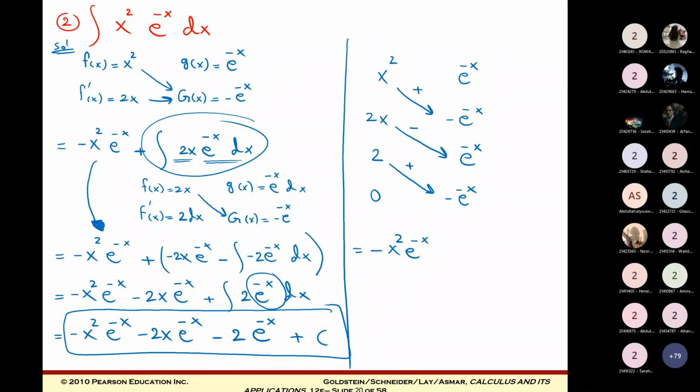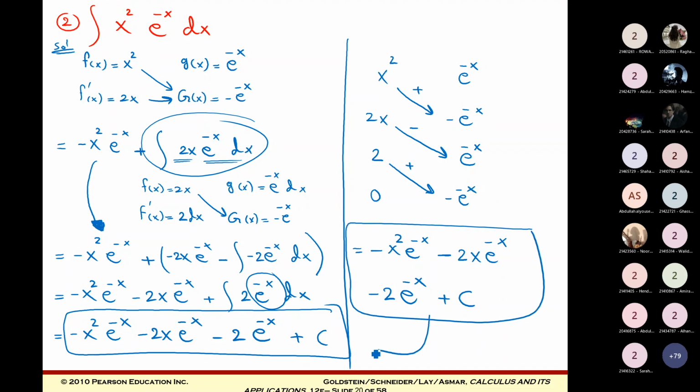Now multiply 2x with e to the power minus x, but negative because this is negative, so we have negative 2x e to the power minus x. Now multiply 2 with positive, 2 with negative, so we have negative 2 e to the power minus x. After that, put plus c. So this is the same result. This one and this one are the same.